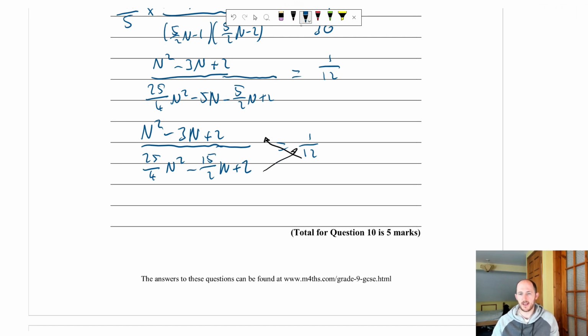That gives me 12 times n squared minus 3n plus 2 equals 25/4n squared minus 15/2n plus 2. Expand the brackets, you know the drill.